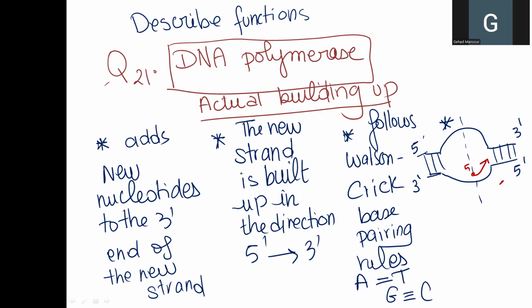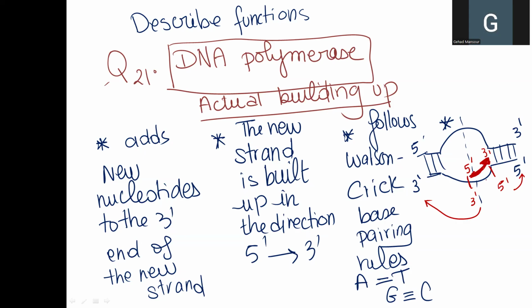And this would be building up in the direction 5 prime to 3 prime, because even if we take a segment here, then that side is 3 prime and that side is 5 prime. This one is similar to that one, and this one is similar to that one, because it is the same direction. So if you build a new strand on top of this strand, then it will be built in one shot.